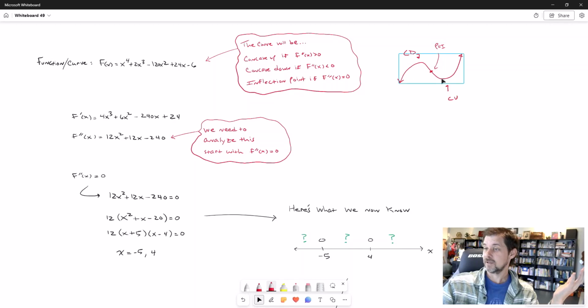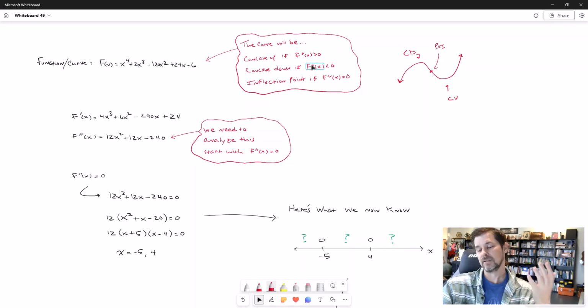If the curve were to appear like this on any region, that would be where it's concave up. But it transitions between being concave down and concave up at the point of inflection, POI. Okay, that's the short story behind it.